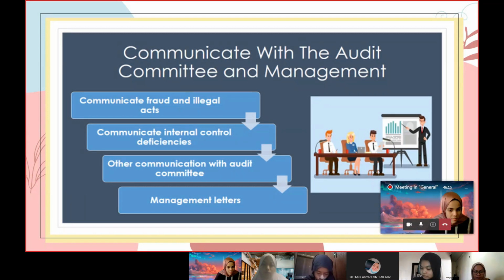Last is the management letter. The management letter is intended to inform client personnel of the CPA recommendation for improving any part of the client business. Also to check internal control weaknesses and other related matters for making an improvement to the client business.